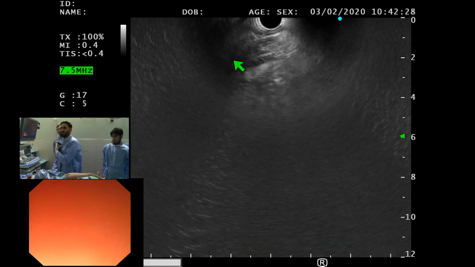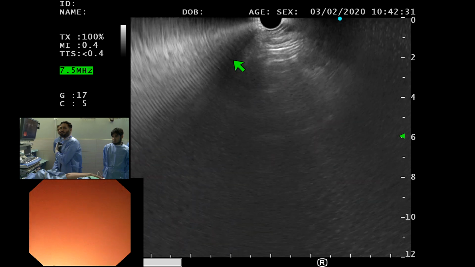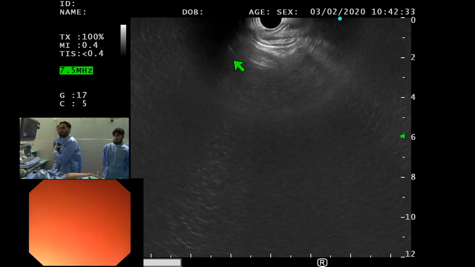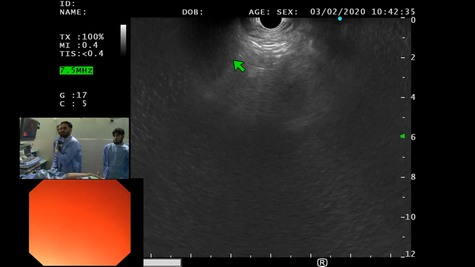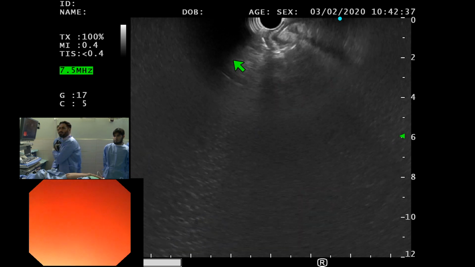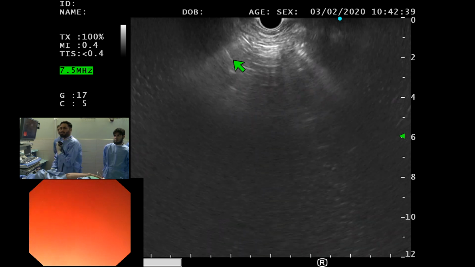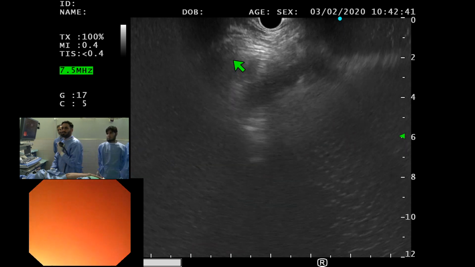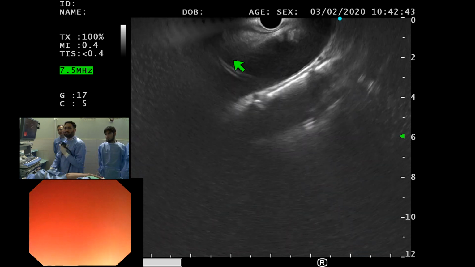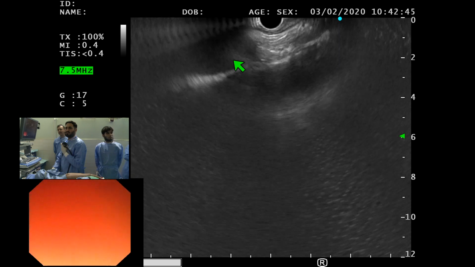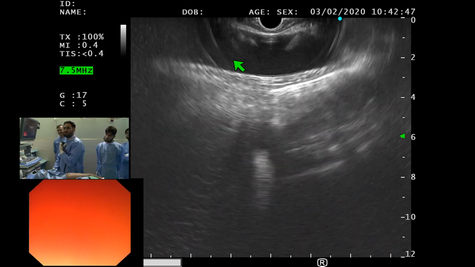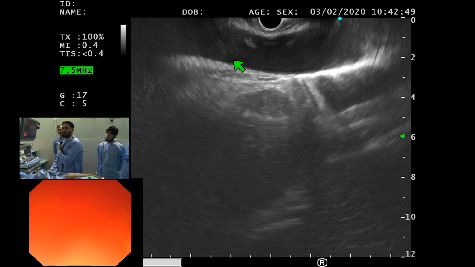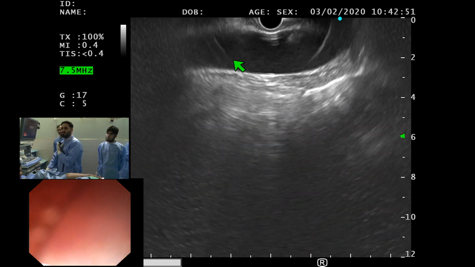Now, identify something which is recognizable. Either liver or maybe, yes, fine. Okay, fine.